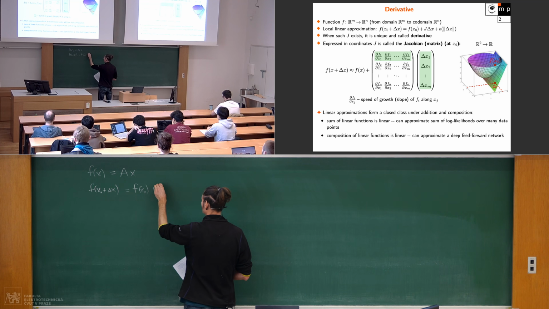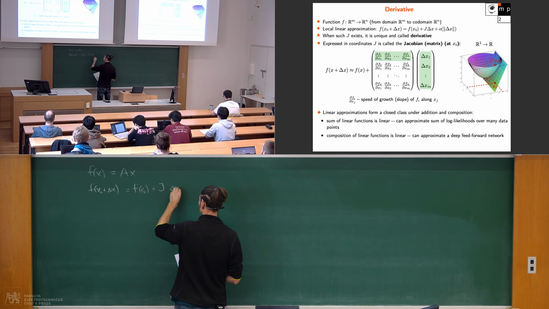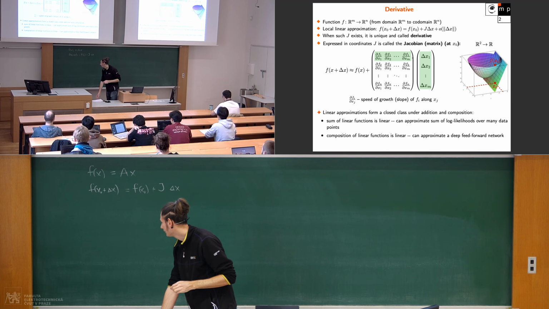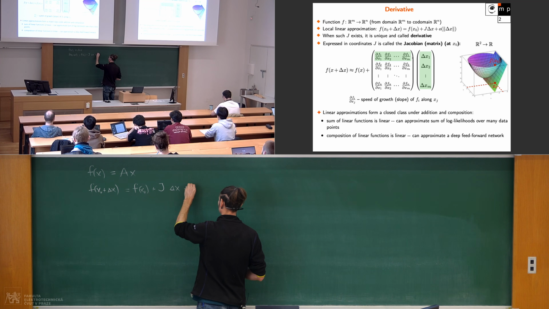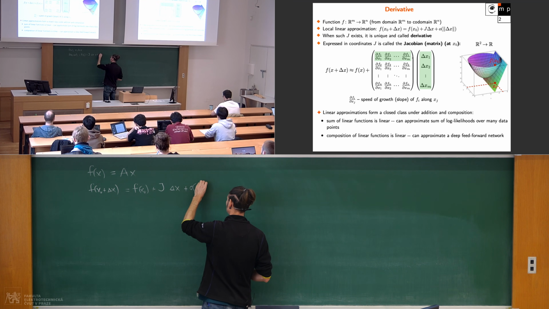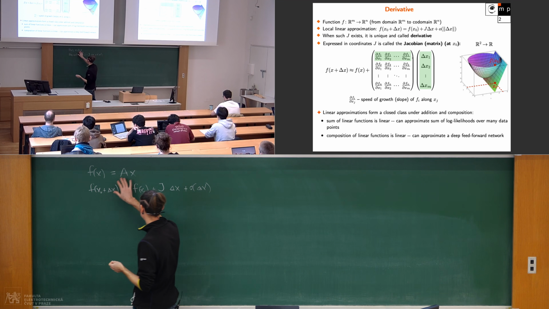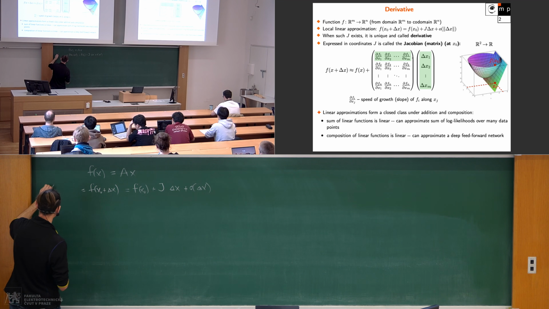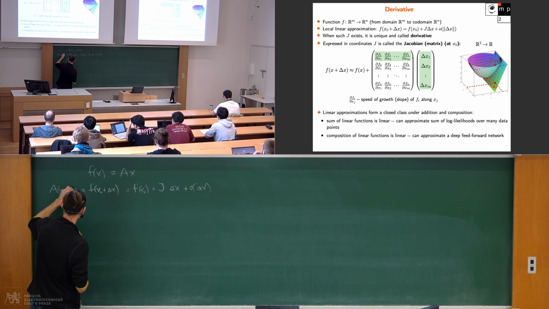So plus j delta x. That's on one hand, this is what we want as an approximation. And on the other hand, we know this is f of x plus delta x.